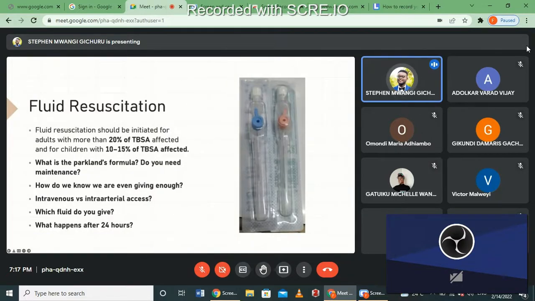What is the gauge for the blue one, and also the gauge for the pink one?